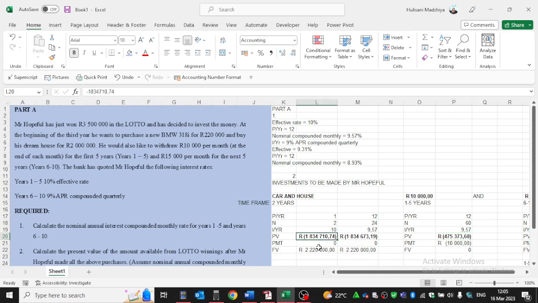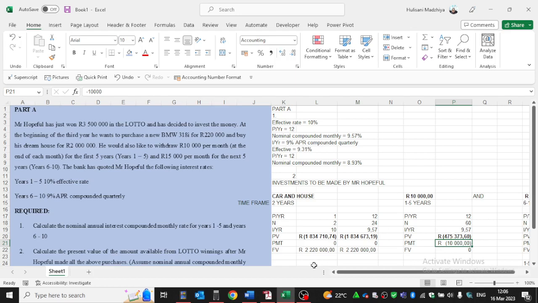This is equivalent to the 220,000 after 2 years, and this 475 is equivalent to all the 10,000 he is going to withdraw for the period of 1 year to 5 years. So therefore he needs to invest 475, which is going to be earning 9.57, to allow him to withdraw 10,000 and the account doesn't get depleted.